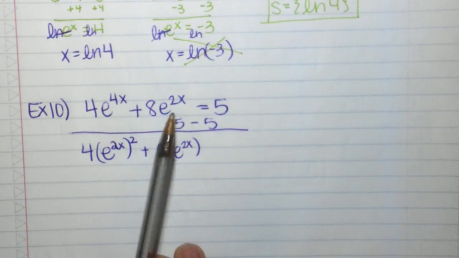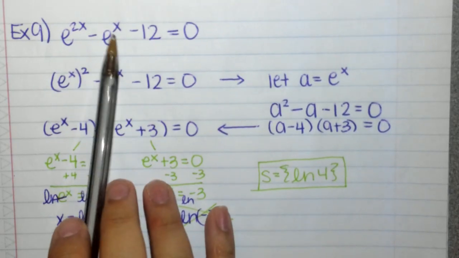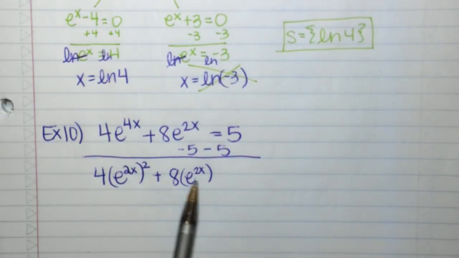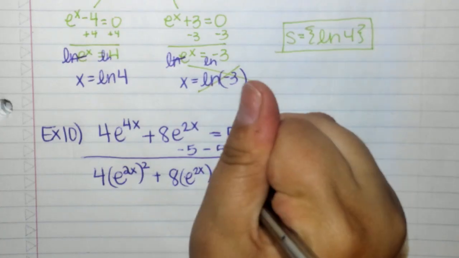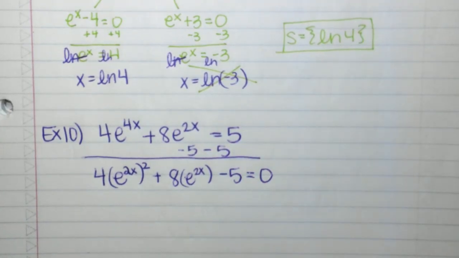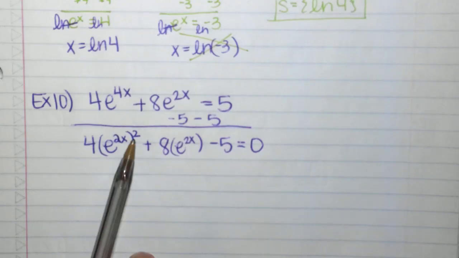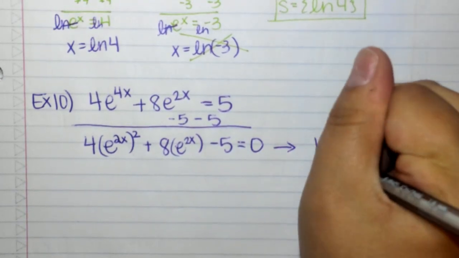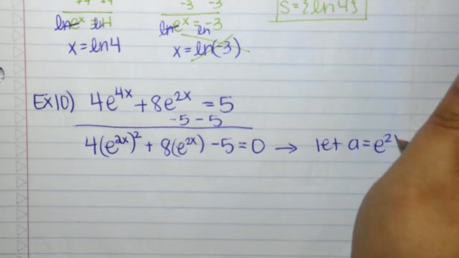Yeah, whatever's in the middle is going to be your a. Because you're always going to want one squared and one by itself. So we're going to let a equal what here? e^(2x).